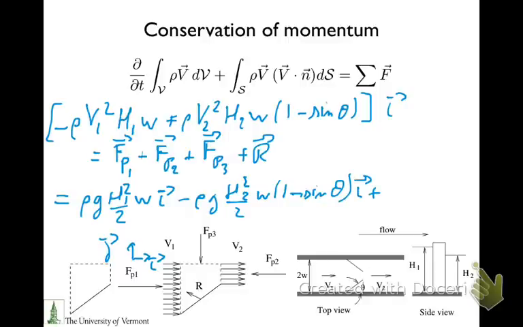And FP3 is going to be minus rho g H1 W cosine theta, because we assume that through the gates the depth of the water is H1, that's the width of the section, in J, plus R.